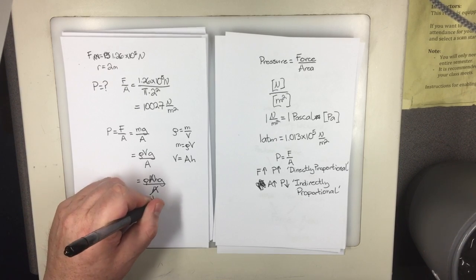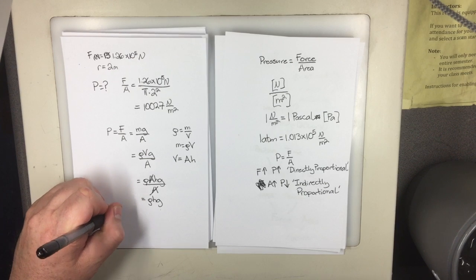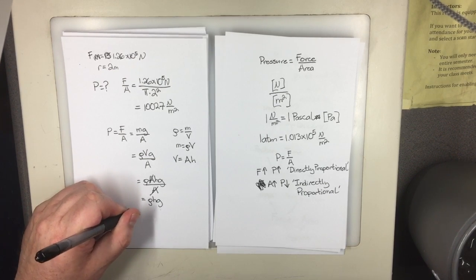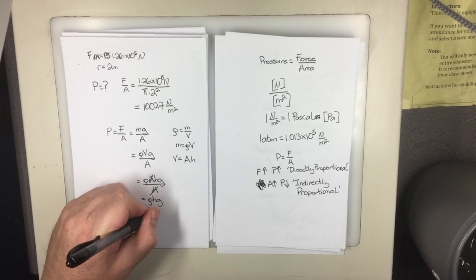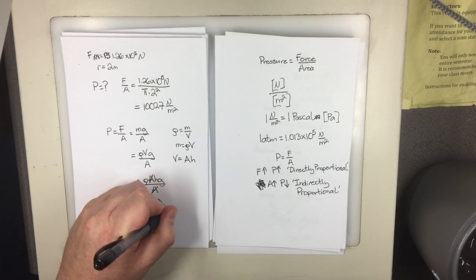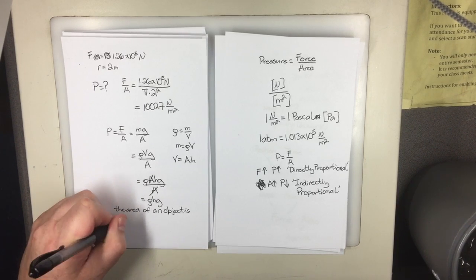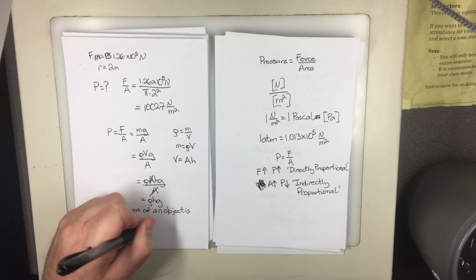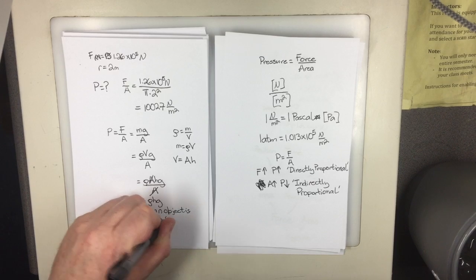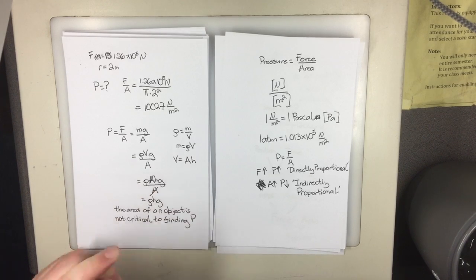And you get rho H G. So what we have just shown you, the area of an object is not critical or essential to finding the pressure.